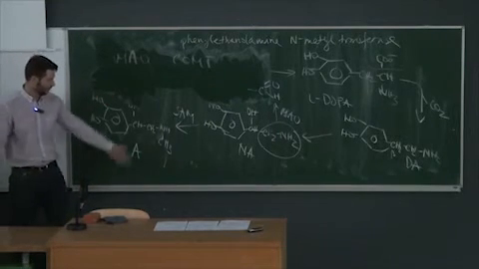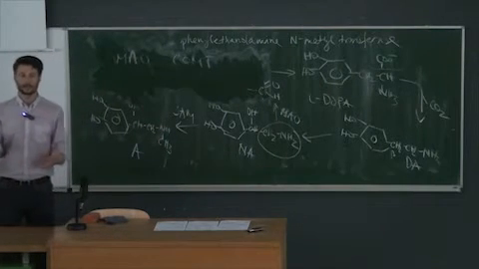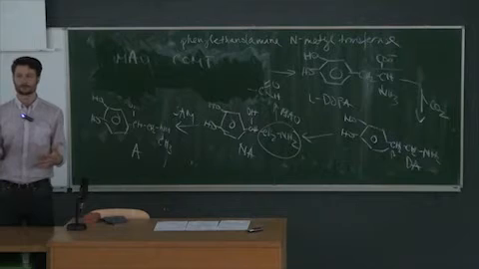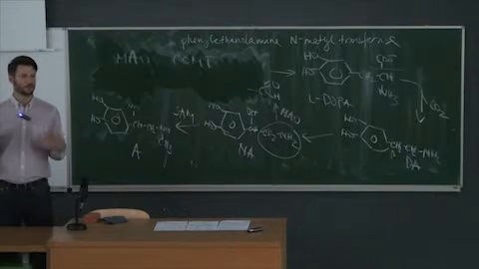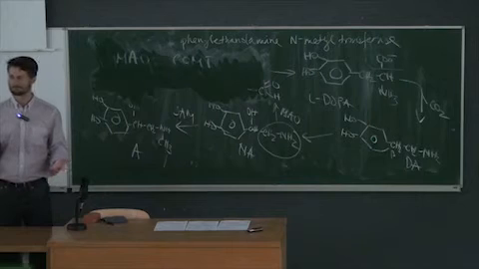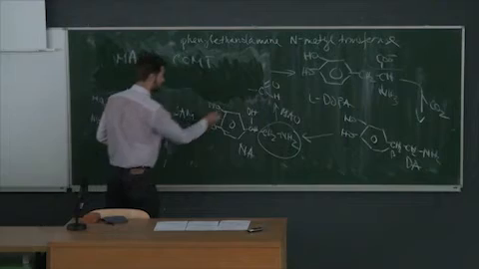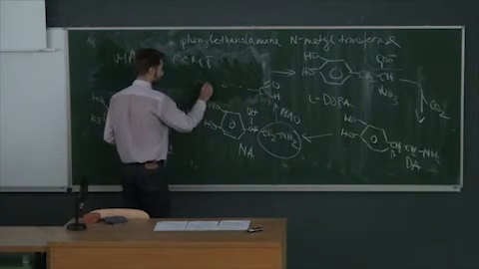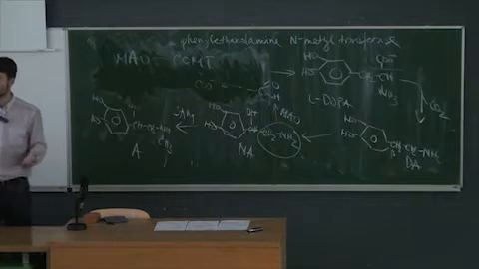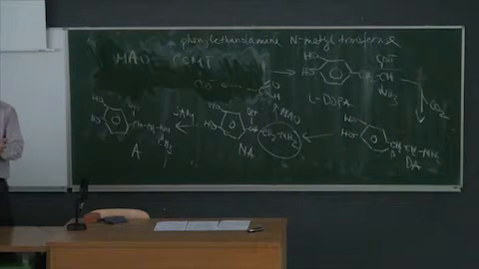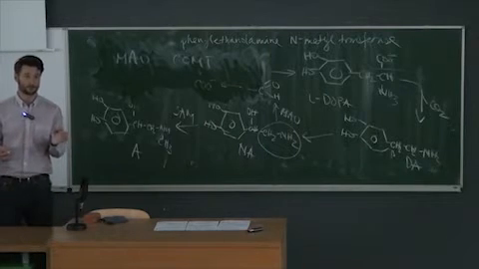Now once we have an aldehyde, what usually happens in the metabolism? You oxidize it into a carboxyl group. And we have a carboxylic acid which is pretty well soluble in water and can be excreted. So that's what monoamine oxidase does.